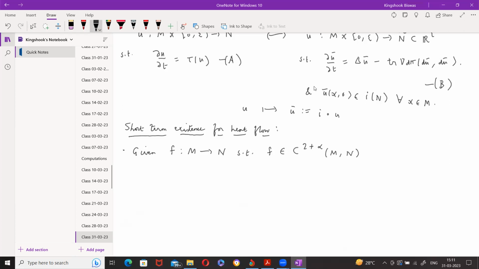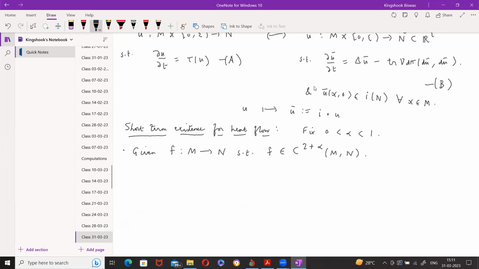All right. So you fix an alpha in between 0 and 1. So you're given an initial data F. Now you want to construct a solution of the heat flow with this initial value, right?